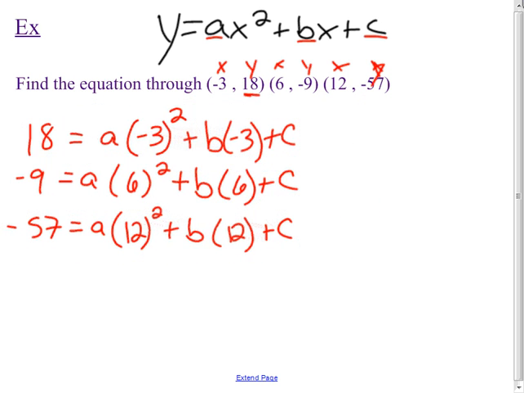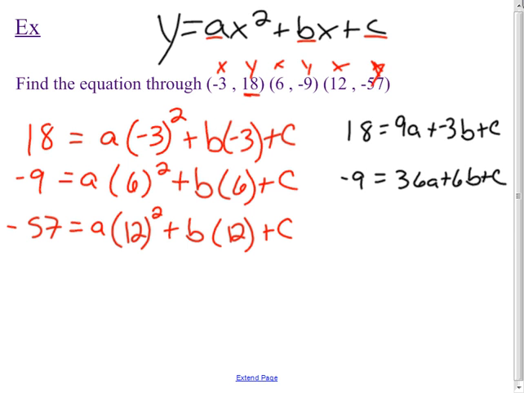This is just 18 equals 9a plus negative 3b plus c. And then negative 9 equals 36a plus 6b plus c. And then lastly, negative 57 equals 144a plus 12b plus c.